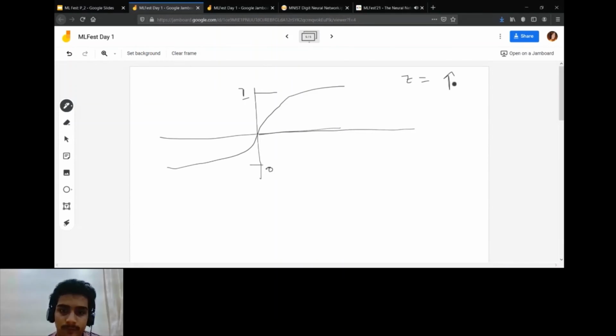And suppose we initialize weight to some really high value. So z, which we calculate, would give us some really high value. And when this z is passed to the sigmoid function as an input, the output of the sigmoid function will again be a high value. It would be some value here.